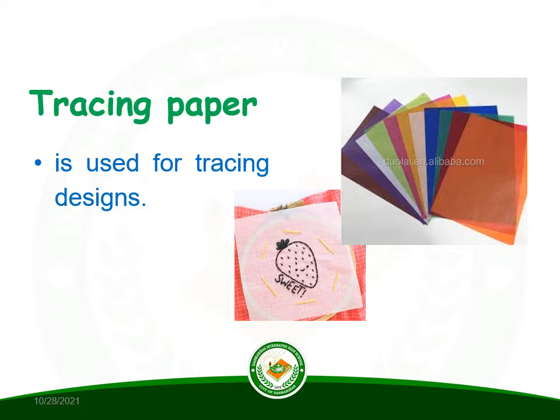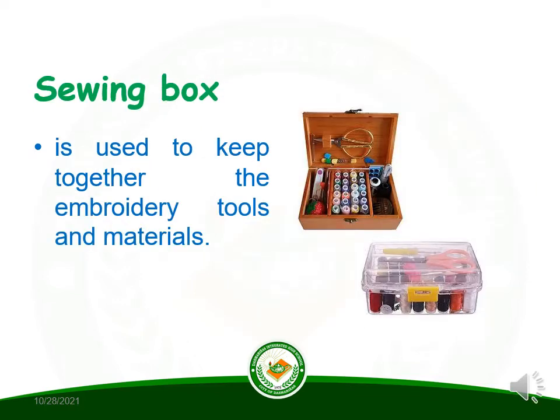Tracing paper is used for tracing designs. Sewing box is used to keep together the embroidery tools and materials.